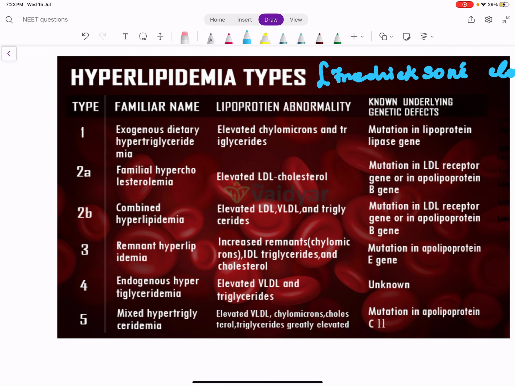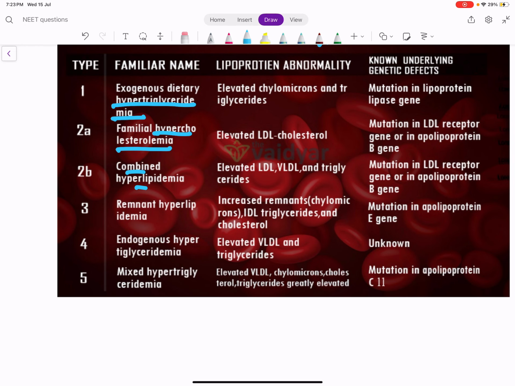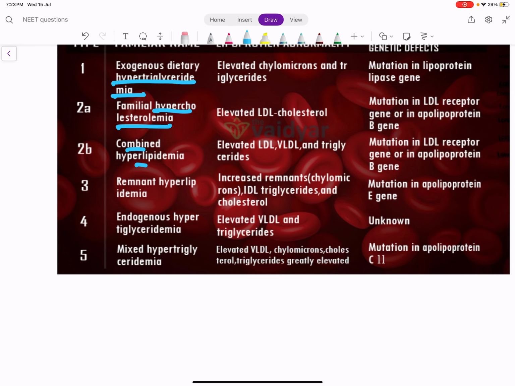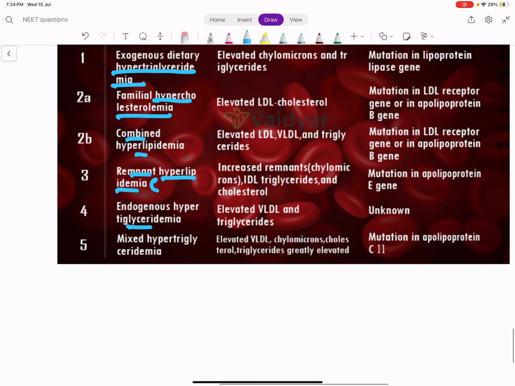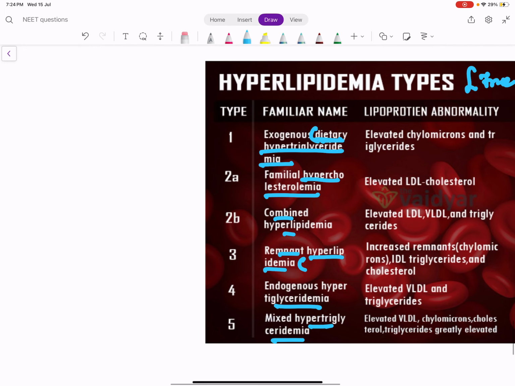One is called hypertriglyceridemia. 2A is familial hypercholesterolemia. 2B is combined hyperlipidemia. 3 is called apolipoproteinemia or remnant hyperlipidemia. 4 is again hypertriglyceridemia. 5 is again hypertriglyceridemia. Remember, type 1 is given here as dietary hypertriglyceridemia.